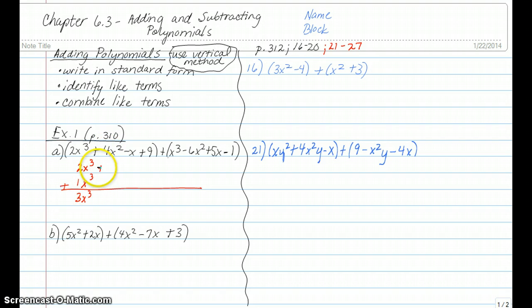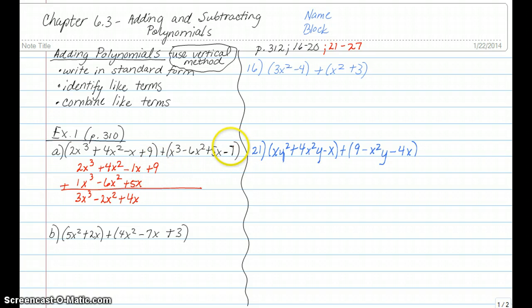Now we bring down our 4x squared. We see a like term over here we're identifying, minus 6x squared. You have a negative 6x squared plus 4x squared is minus 2x squared. Then we go minus x, or 1x, and we identify the like term in the second expression, which is plus 5x, and a negative 1x and a positive 5x is plus 4x, and plus 9.